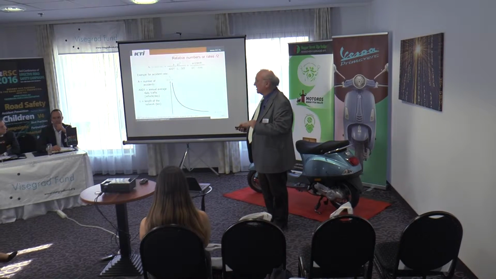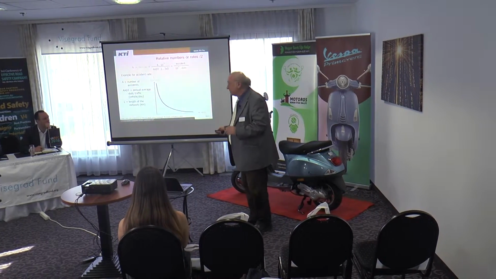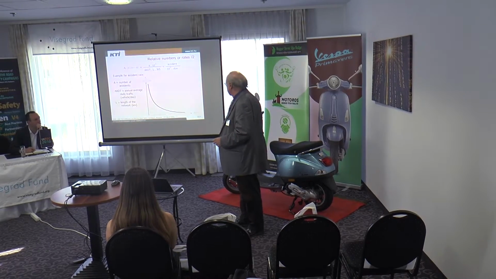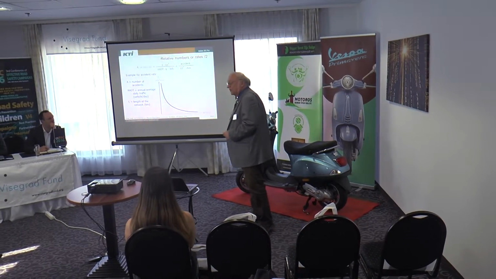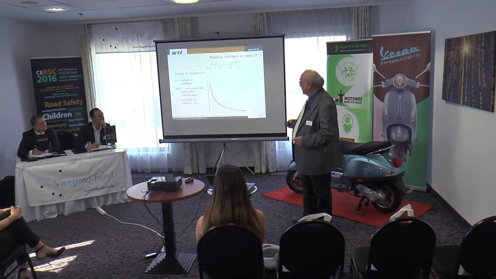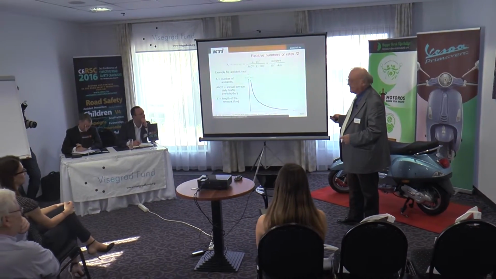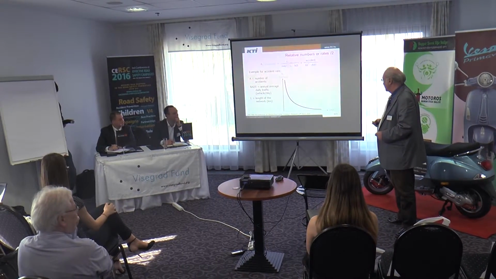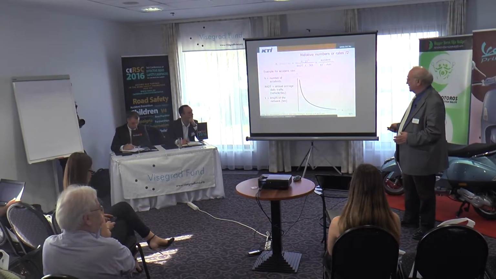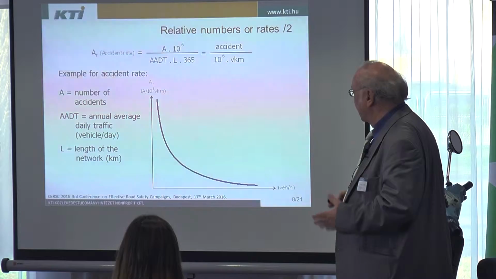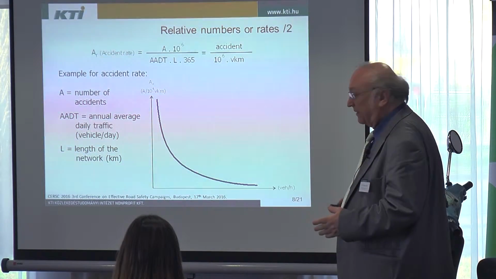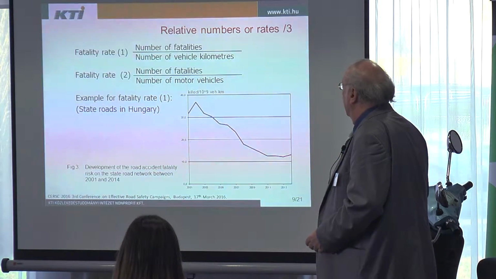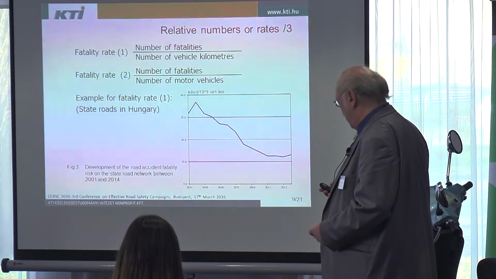And maybe in the first moment it seems a little bit funny. How is it possible? The higher the traffic volume, the lower the risk of the accident. Of course, here we speak about the personal injury accidents, and in case of high traffic volume, the speed is very low, and therefore, in this case, we can't have injuries and fatalities.